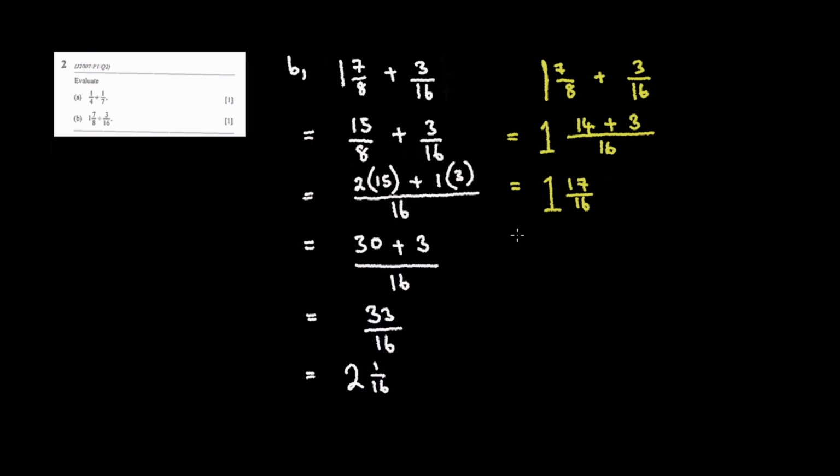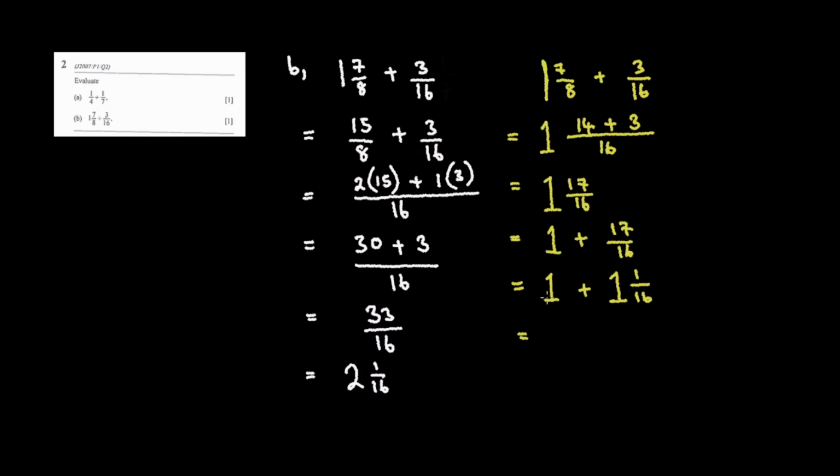But before we do that, we have to understand something. When we say 1 and 17 over 16, we are actually meaning 1 plus 17 over 16, like that. So this then becomes equal to 1 plus, 17 into 16 into 17, it's 1, with the remainder of 1 over 16.